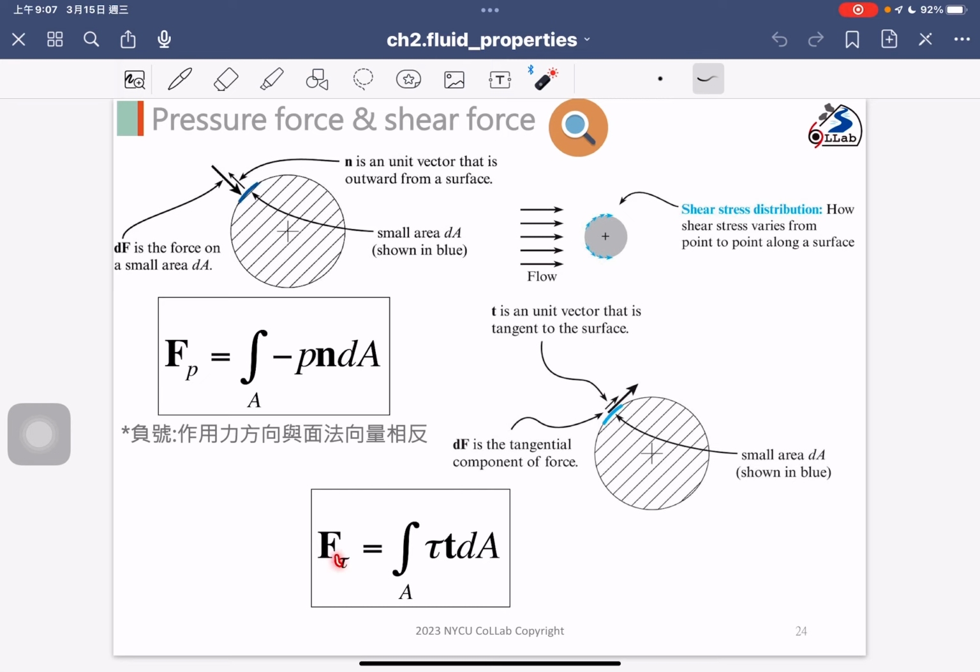For the shear stress, we don't need the minus sign because the shear stress is always parallel to the tangent vector along the associated surface. So we don't have any negative sign in the shear force problems.